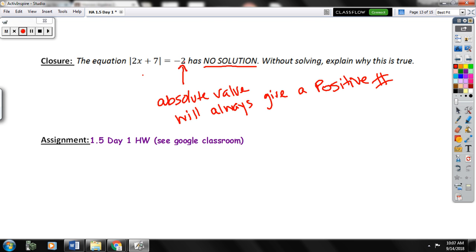Now, when we solve them, we take away the absolute values and we set them equal to a positive and a negative. But because the original equation had it set equal to a negative, it's not possible. No matter what number you plug in for x, even if you get a negative number inside, you're going to take the absolute value, which would make it a positive.